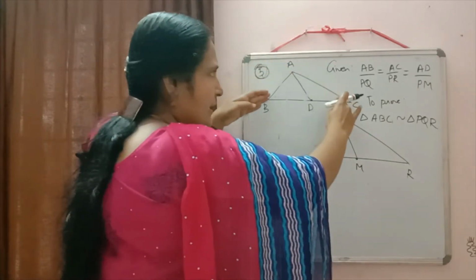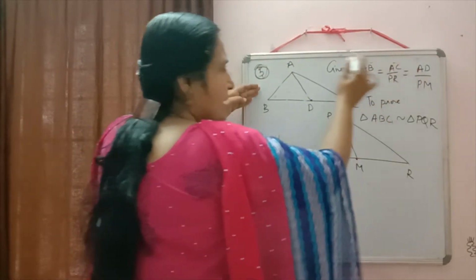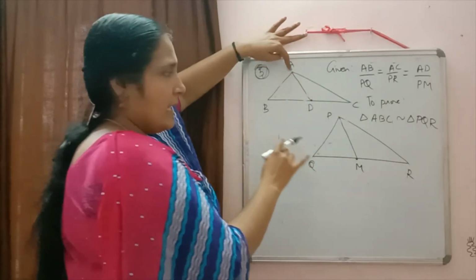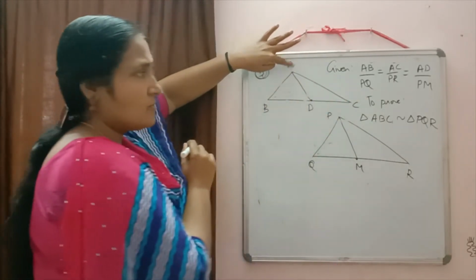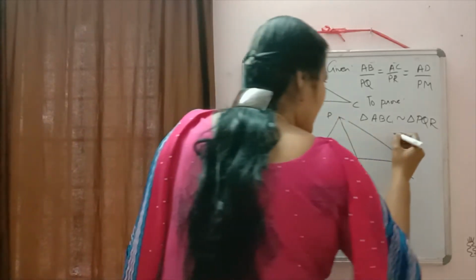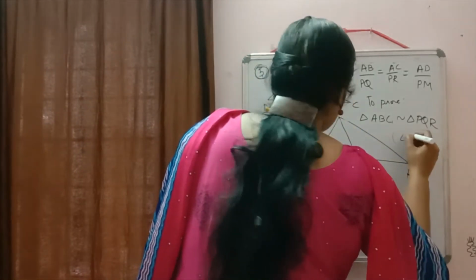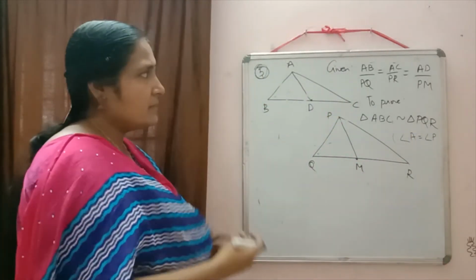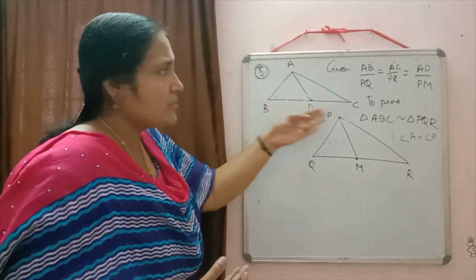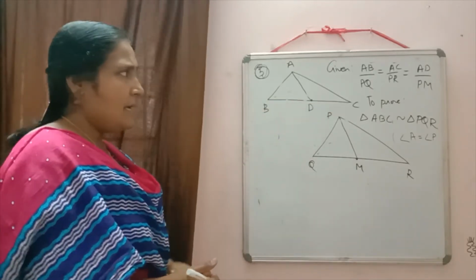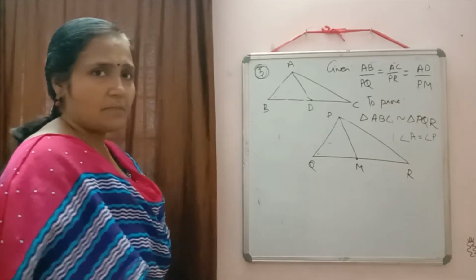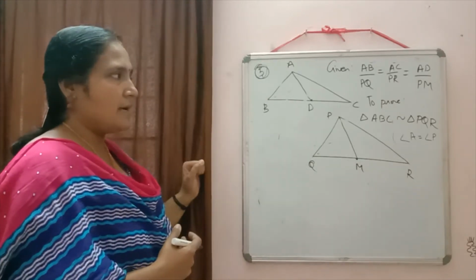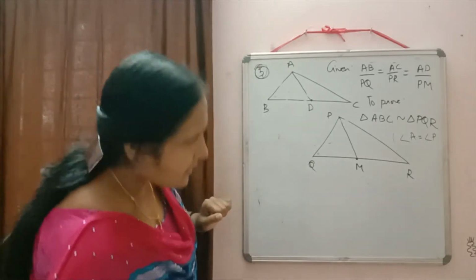In AB and AC, what is the common point? Angle A, and here angle P. So we need to prove angle A is equal to angle P. But there is no such relation, because in the previous one we used the concept of median, but here we cannot use the concept of median. So to prove this, a construction is required. So how will we construct?